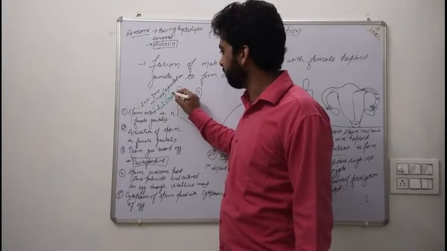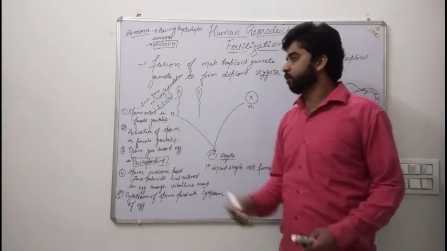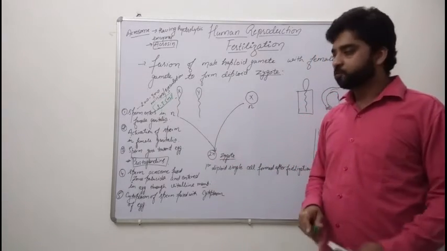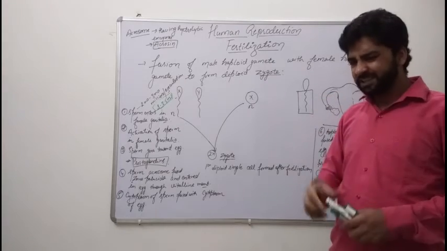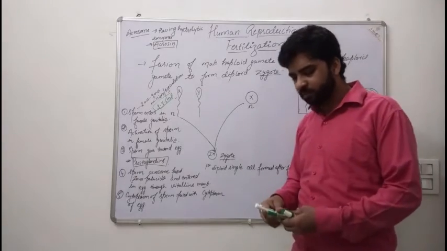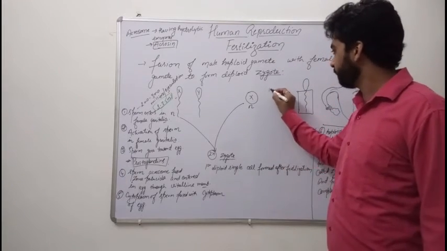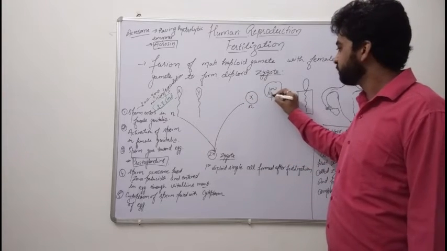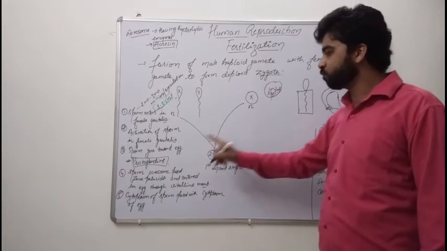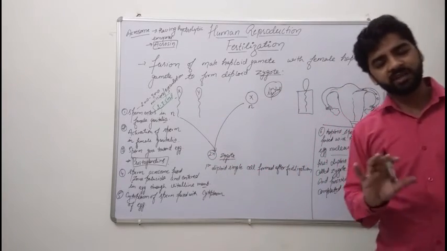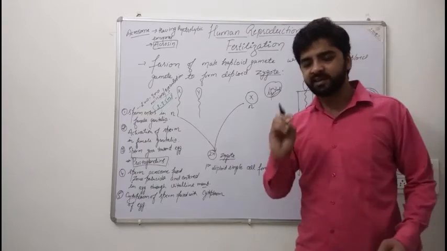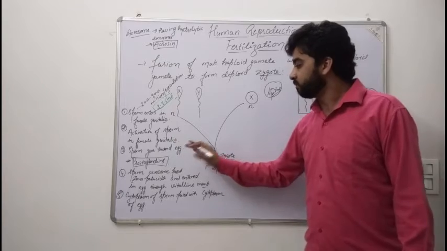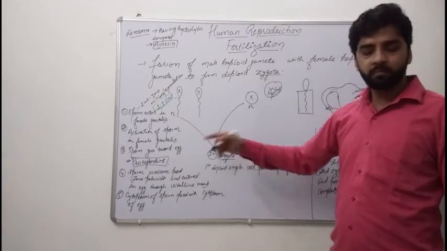Means 3 to 3.5 ml of semen contains 200 to 300 million sperms. But out of these sperms, only approximately 100 sperms reach toward the egg. It's not an exact amount of 100, it's approximately 100 sperm that move toward the egg, because of the barriers.